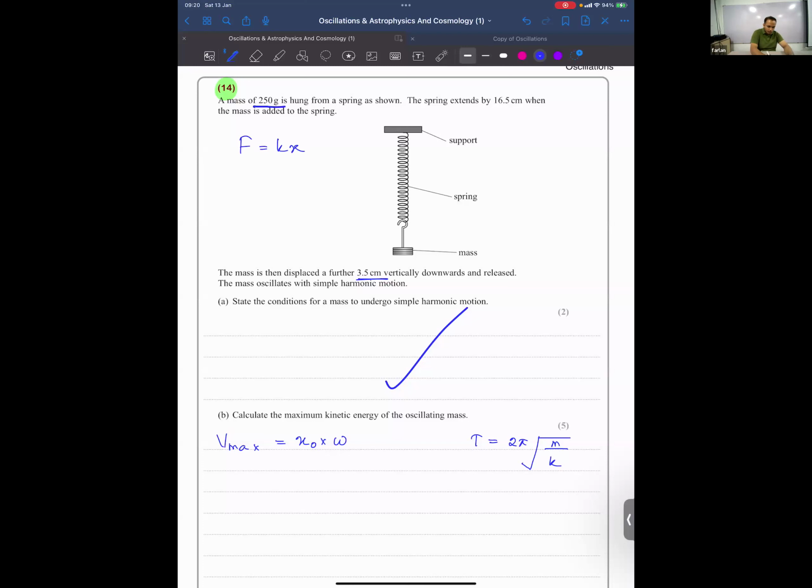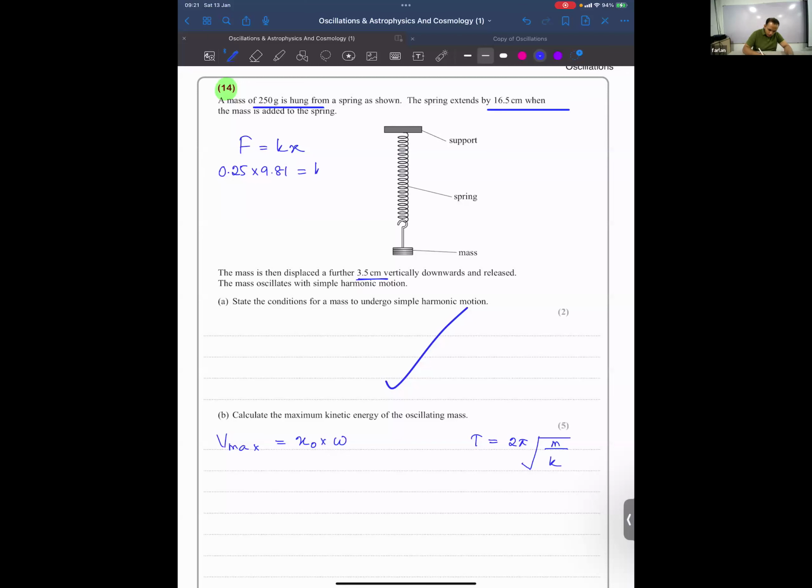When the mass of 250 grams is hung from the spring, it extends by 16.5 centimeters. I'll use that detail to see what is the k. So the F is mg, which is 0.25 mass into 9.81. That is the weight hanging on the spring.